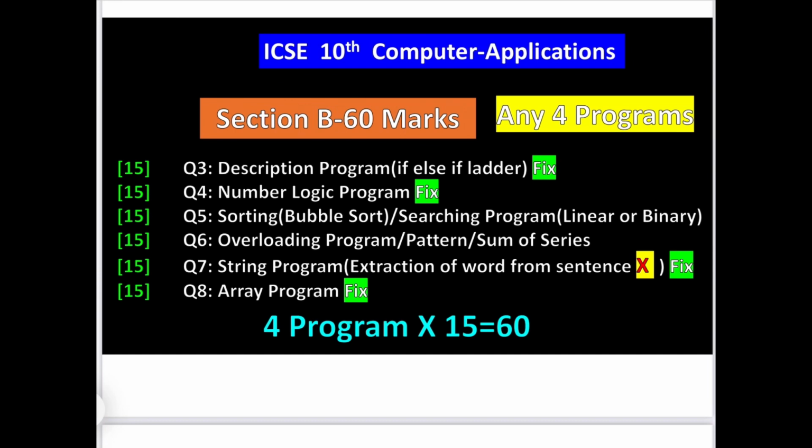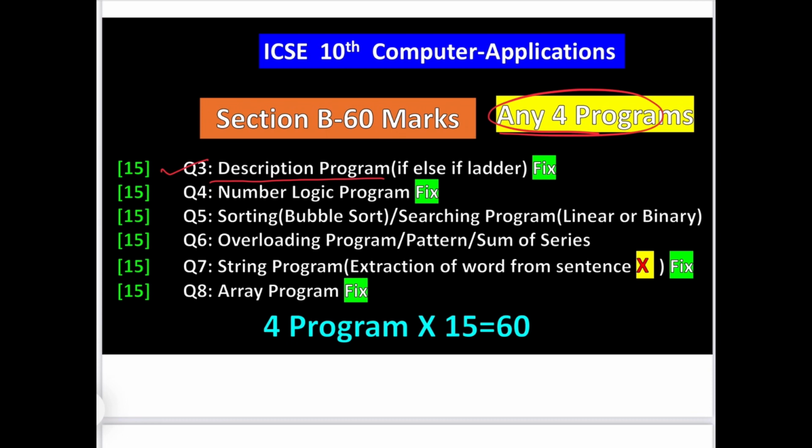Next, section B. In section B, there will be 6 questions, 6 programs will be given, and you have to write any 4 programs. The first program will be based on a description program. What does it mean? An if else if ladder based program.